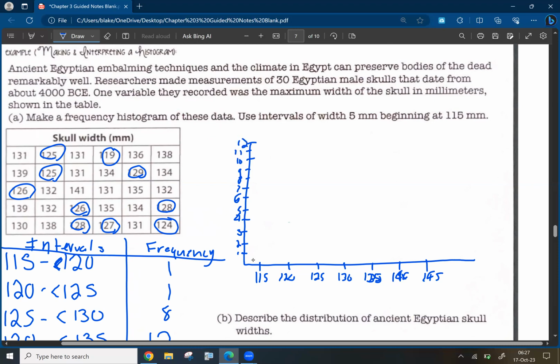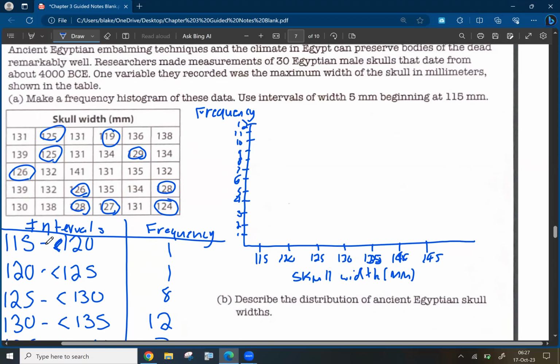So let's label these axes. So this is going to be frequency on this side. Just go ahead and label that frequency. And then down here, this is going to be skull width, right? Skull width in millimeters. So, all right. So our first bar, remember, from 115 to 120 is only going to be one high.